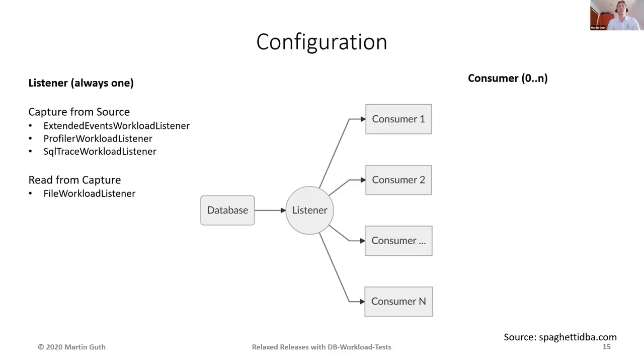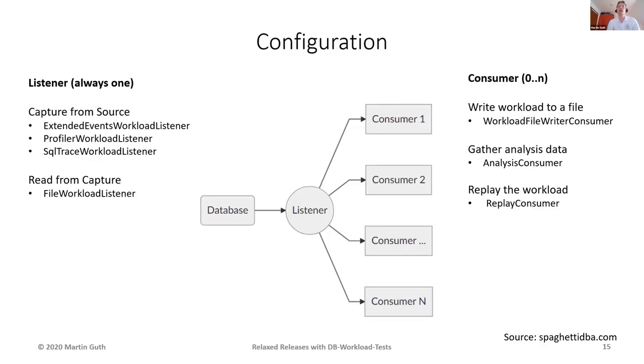Then we've got possibly multiple consumers, which means we can write a workload to a file if we are capturing from the source. We can gather analysis data using an analysis consumer, and we can replay the workload using a replay consumer. And all the configuration is done in a JSON format.